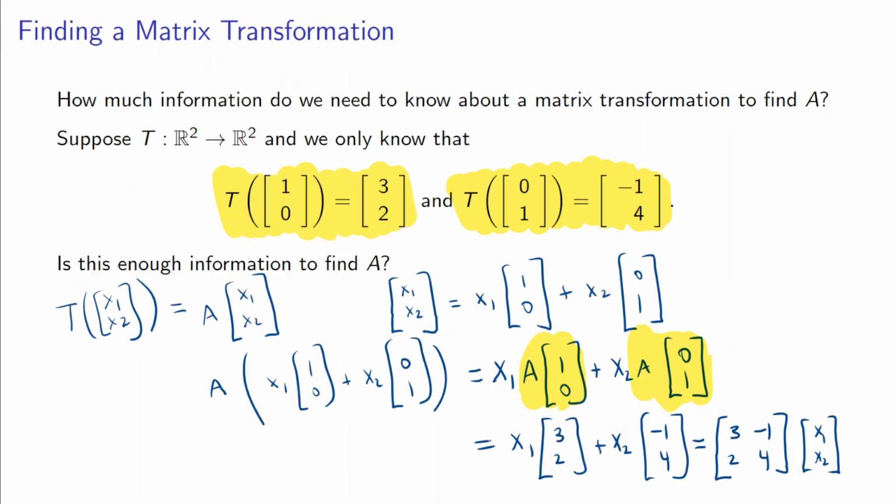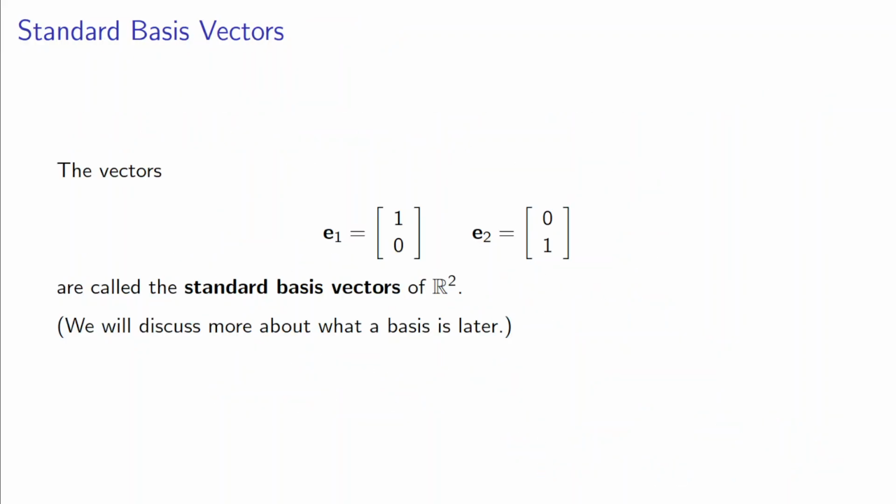In particular, A is just going to be the matrix whose columns are exactly equal to the outputs of each of those vectors. Generalizing this a little bit, first of all, these vectors (1, 0) and (0, 1), we often denote by E1 and E2. We will sometimes call these the standard basis vectors of R2.